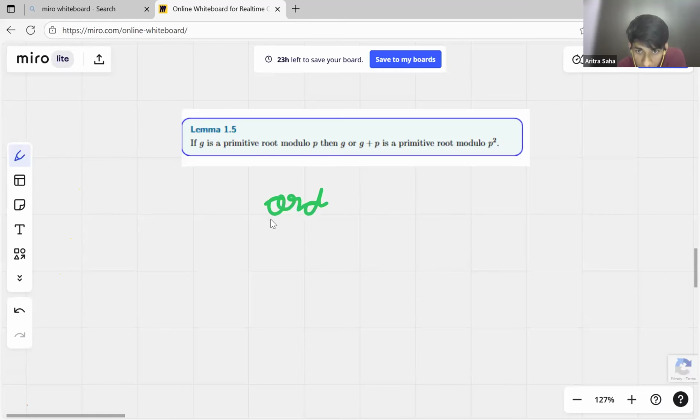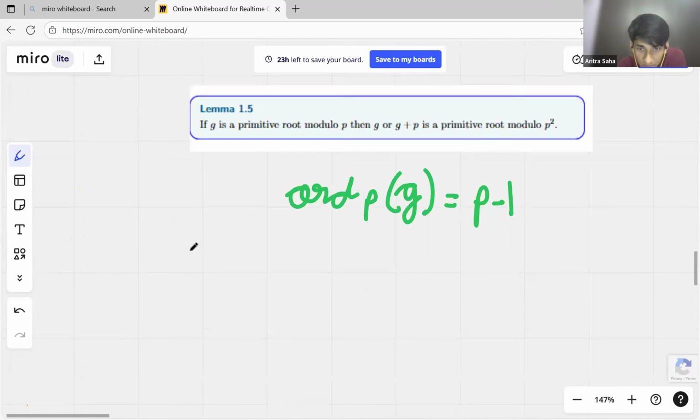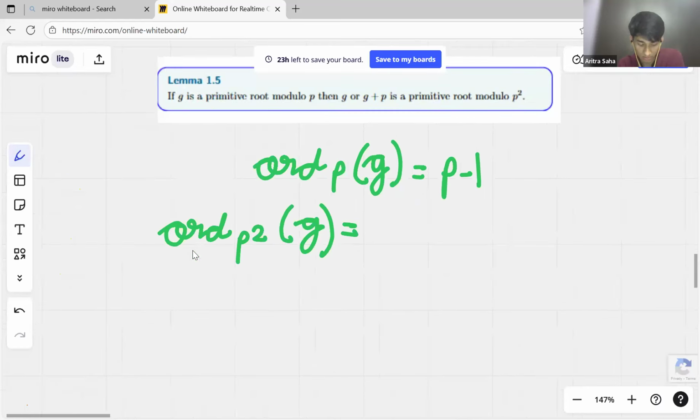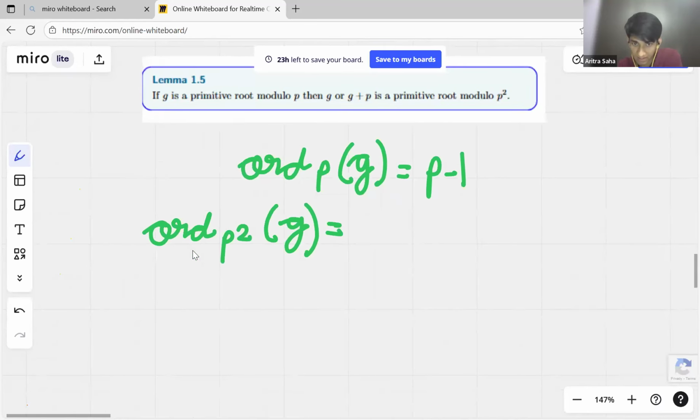So order, this is just p minus 1. I am writing this. Or like g is a primitive root. So we'll assume the order of g mod p square is some k, let's say.